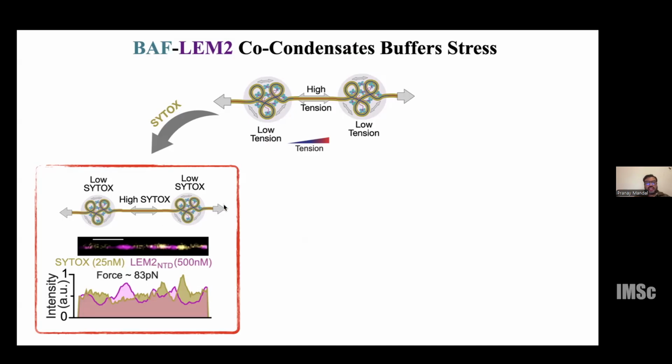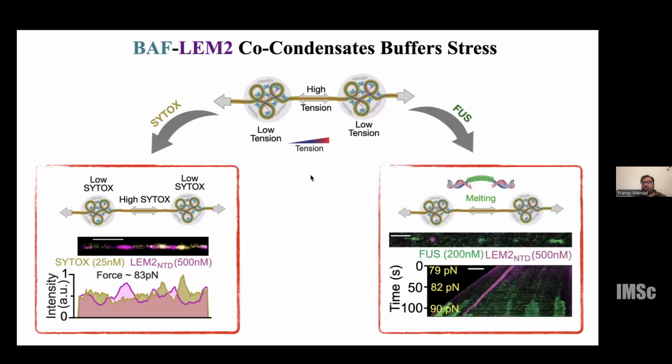Here the yellow is the signal from SYTOX. SYTOX is present inside the co-condensate, as you can see from the yellow signal, but there is a higher intensity of SYTOX outside the co-condensate, outside these magenta signals. That shows that the DNA outside the co-condensates is more stressed.